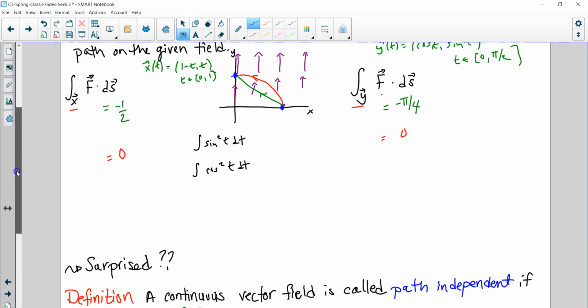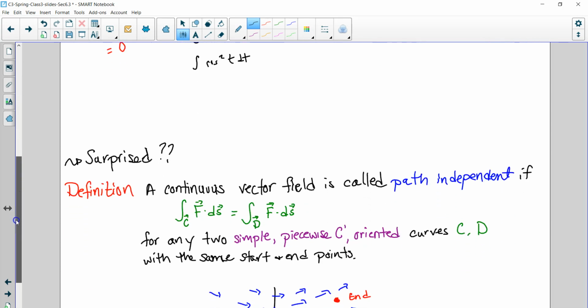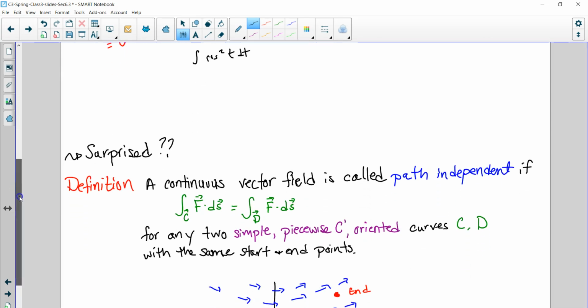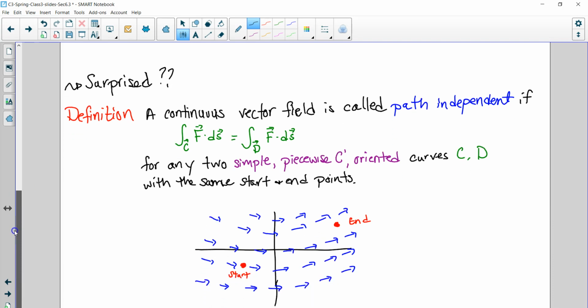Okay, so yeah, there was some confusion at the beginning about why they weren't equal, and the discrepancy comes in knowing that the word that we used last time was a conservative vector field, and so really what we're talking about there is a vector field having this property of path independence.